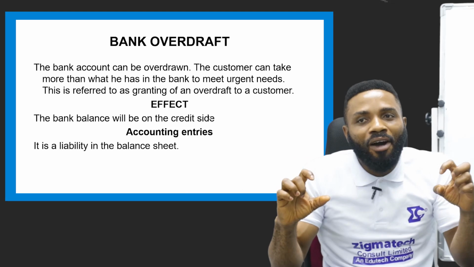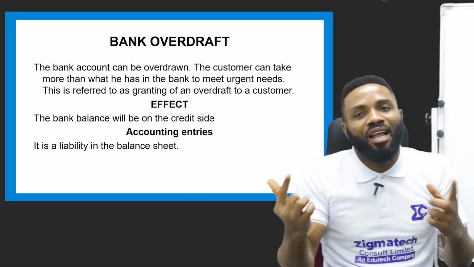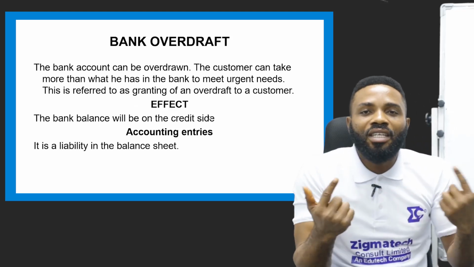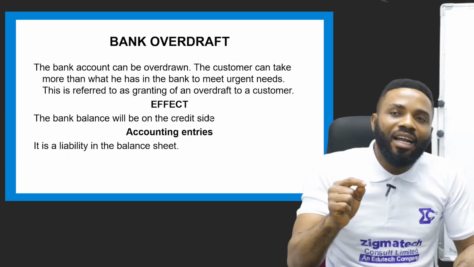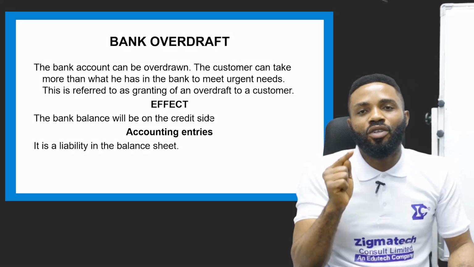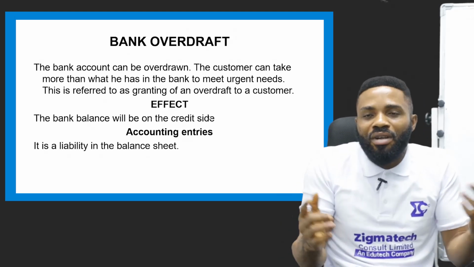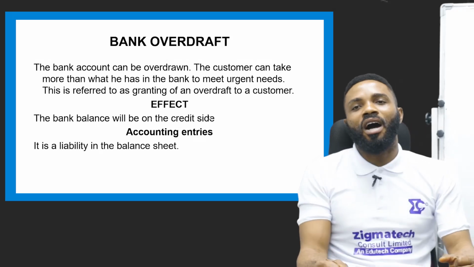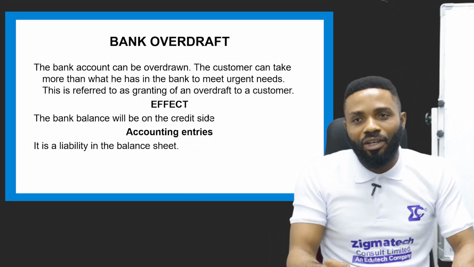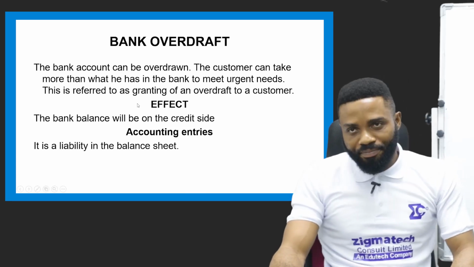So the difference now is what we call the credit balance. So the credit balance will now be on the debit side. And then the accounting entry is that for every grant by the bank, whether it is loan or an overdraft, it is called a liability. Liability is simply the claim of outsiders over your business. So the bank has a claim of 500,000 over the business.